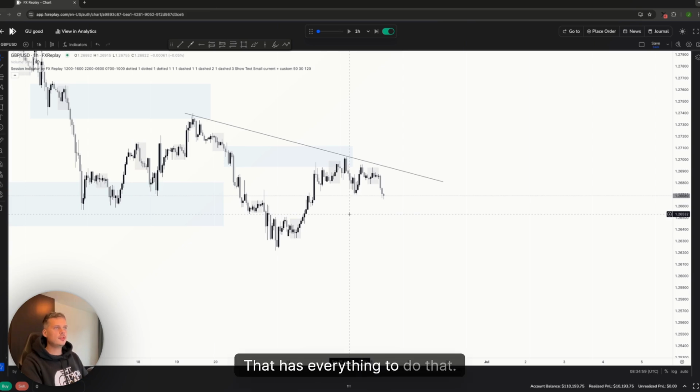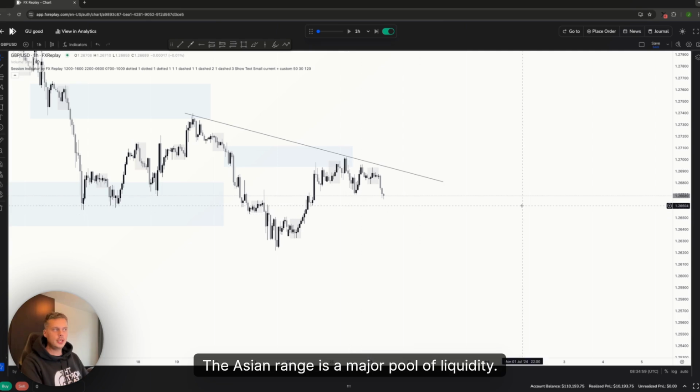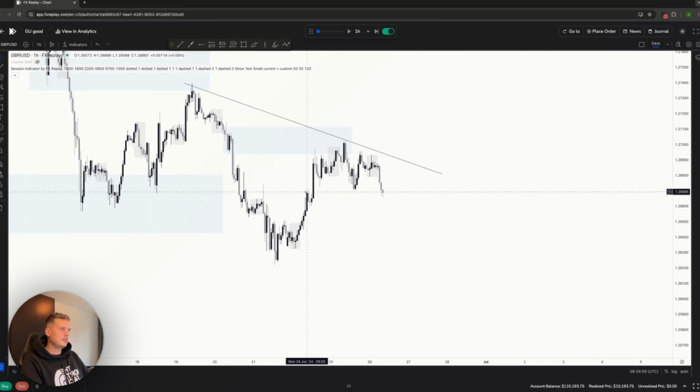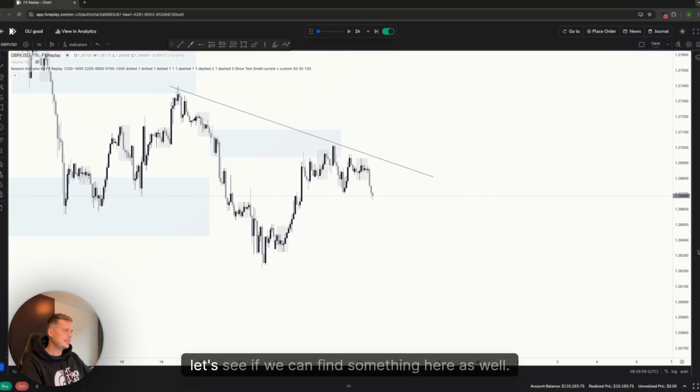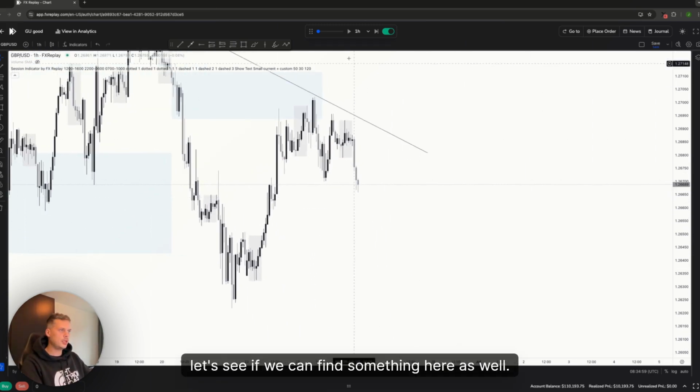That has everything to do with the Asian range being a major pool of liquidity. It doesn't always happen like that. We can see that here we didn't sweep the Asian low, we just moved up, but in most cases it will sweep both sides.